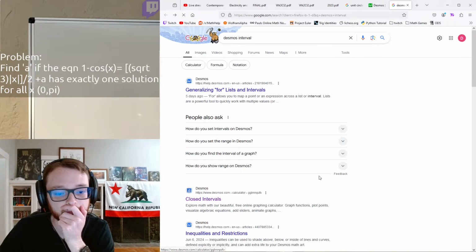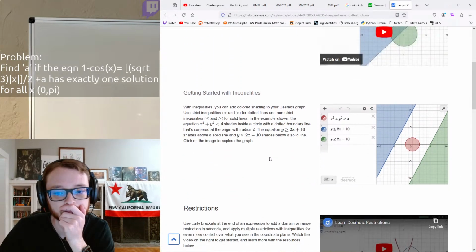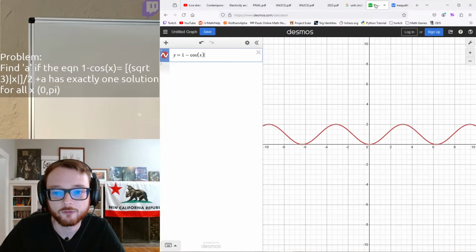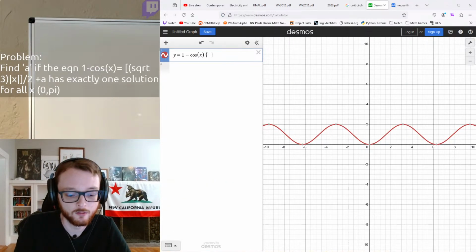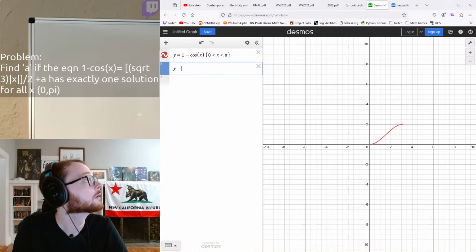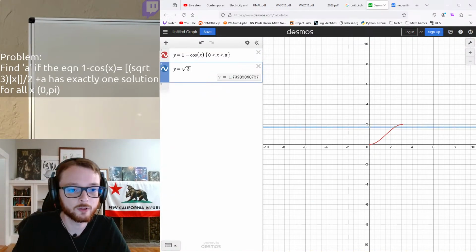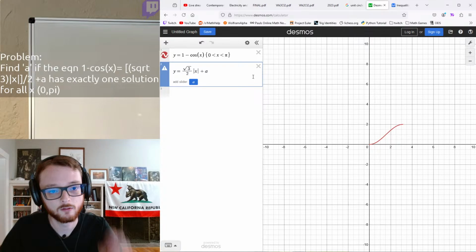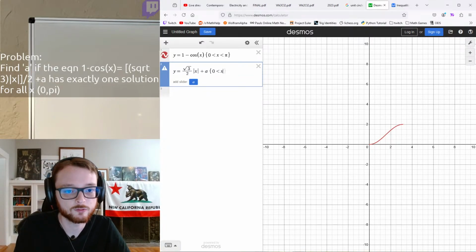Restriction is a better word. Okay, curly braces, 0 less than x less than pi. Y equals square root 3 over 2 times the absolute value of x plus A. Same restriction.